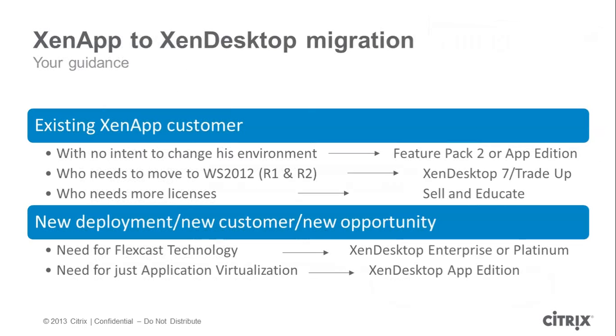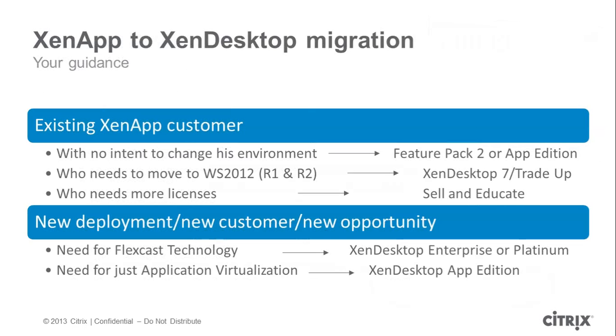So what are a couple of drivers here? First, we know there are many XenApp customers whose applications are running on a particular platform of Windows Server, and there's no driver or ability to necessarily move those applications. And that's fine. We'll continue to support those applications on those platforms, and of course XenApp 6.5 and the new Feature Pack 2 that we pushed out with XenDesktop 7 even further extend the life cycle of XenApp to make sure that we're covering the full life cycle of Windows Server 2008 R2.